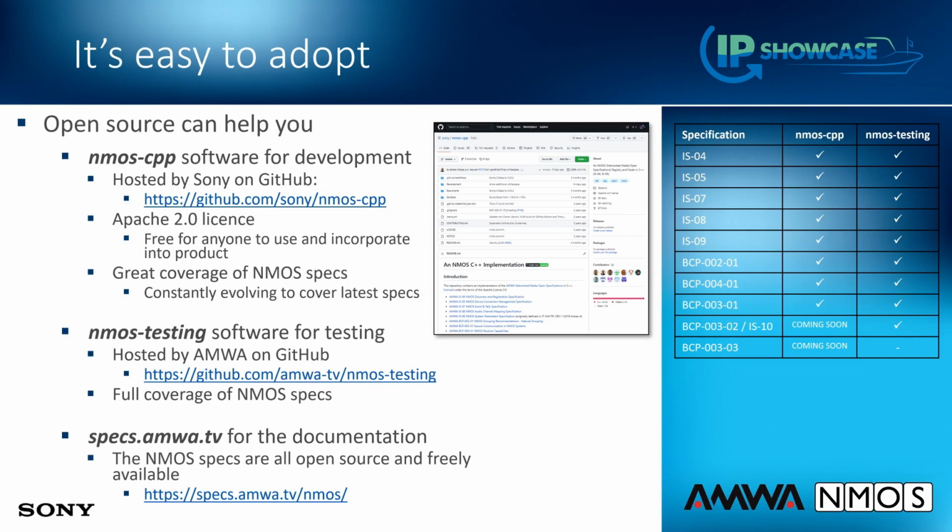And that's got great coverage of the NMOS specs, and we're continuing to make sure it evolves and keeps up with the specifications. So you can see here, for most of these specs I've already mentioned, all but the last two are already covered by nmos-cpp, and we're working on incorporating these final two security specs at the moment, so that should be available in the coming months.